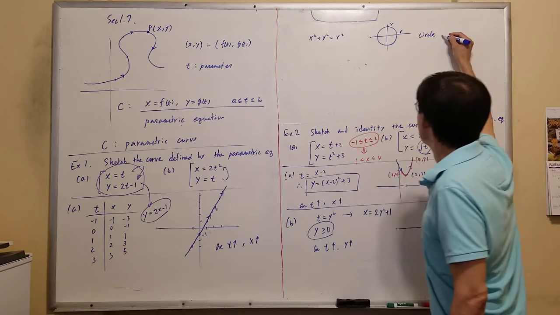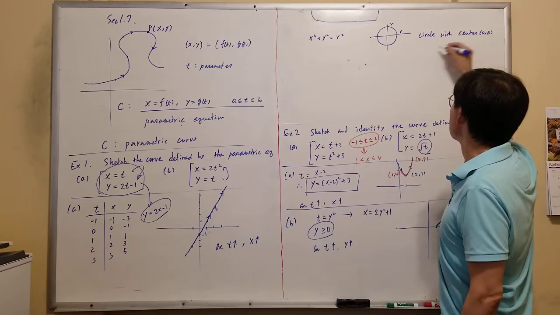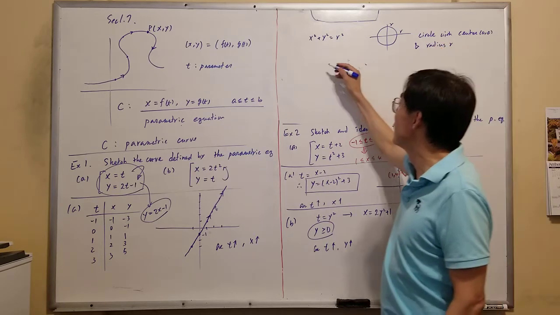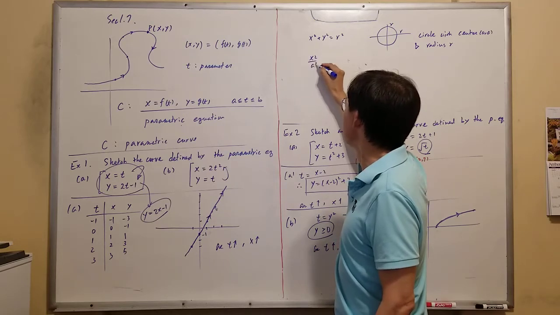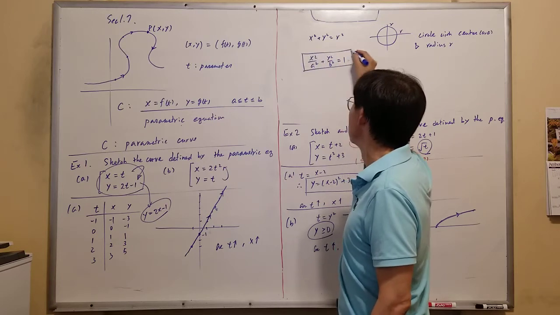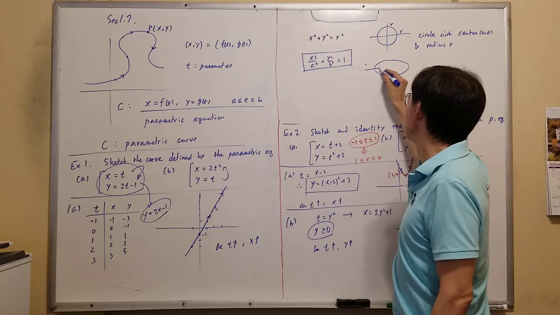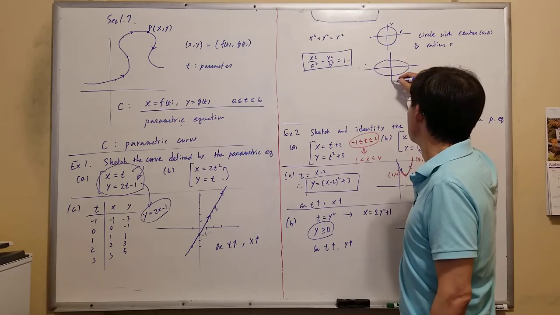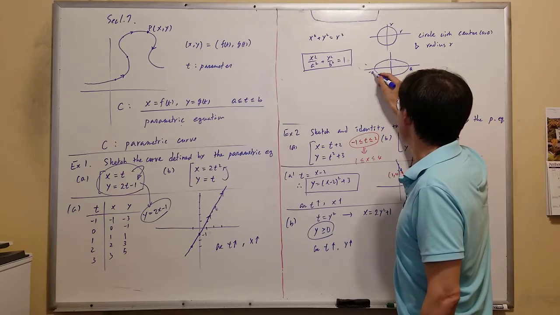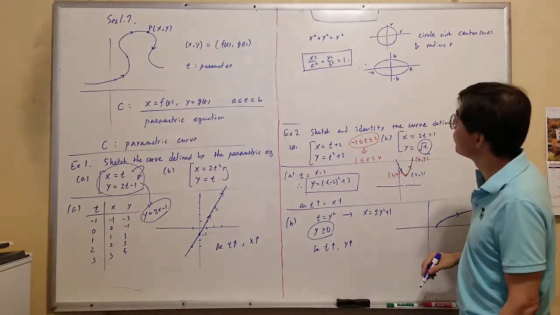If you have x squared over a squared plus y squared over b squared equals 1, with intercepts a and negative a, b and negative b, this is an ellipse, right?